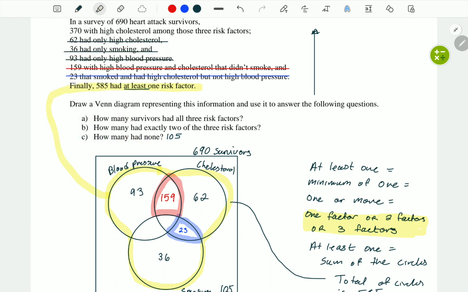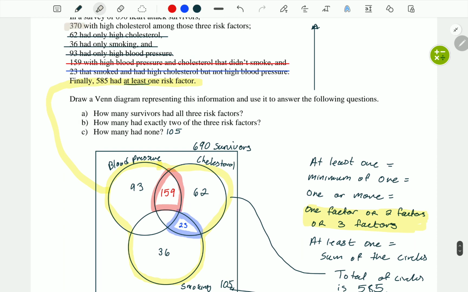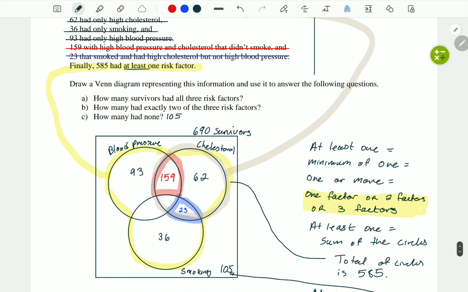We'll put it in this beige pink, whatever that's called. So that means that the total for high cholesterol is 370. So I'm going to go up here. So 370 in total.